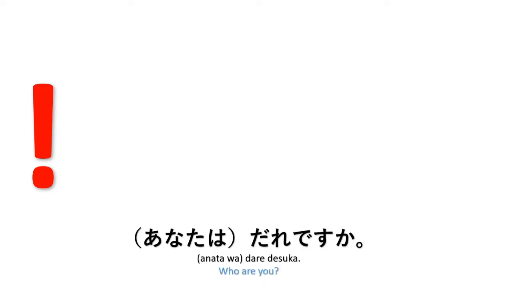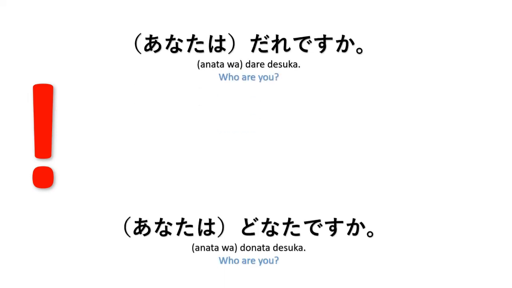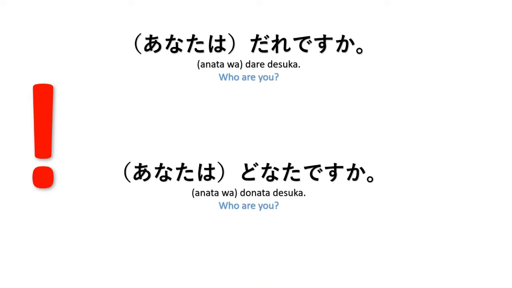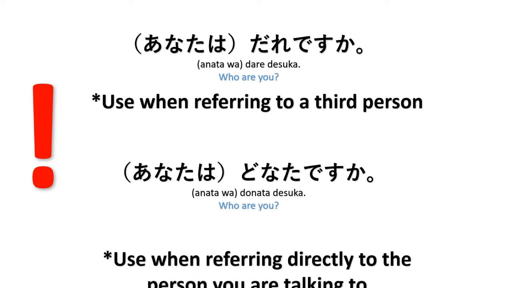But wait, anata wa dare desu ka? Or who are you? Can be changed with donata desu ka? So what's the difference? Dare is advised to be used when referring to a third person because it is too direct.